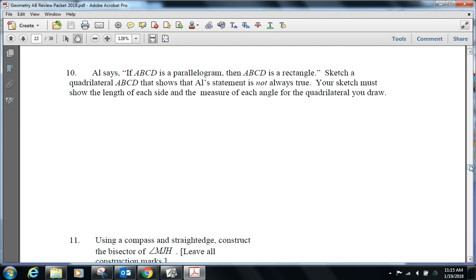And your opposite sides should be congruent, but different. Because it says if ABCD is a parallelogram, then ABCD is a rectangle. So you had to show me that the angles weren't right angles. You had to show me opposite angles congruent and consecutive angles supplementary. Okay. Others?